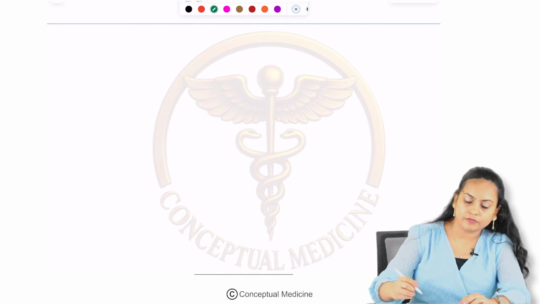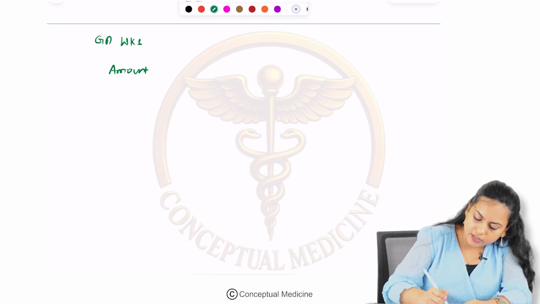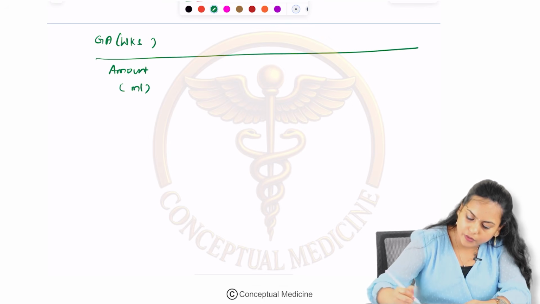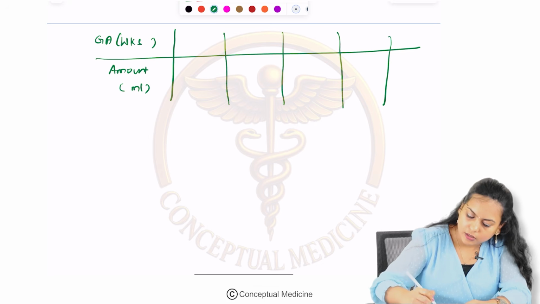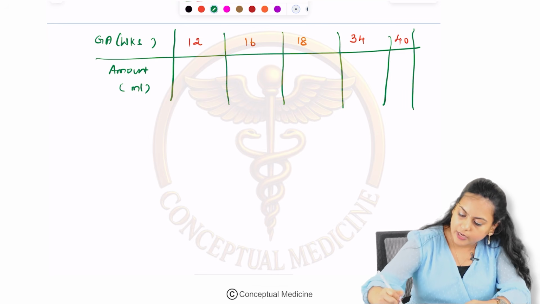Now, if we see the amount of fluid in various gestational weeks, this is gestational age in weeks, and this is the amount of amniotic fluid in ml. Let's take 12 weeks, 16 weeks, 18 weeks, 34 weeks, 40 weeks, and even 42 weeks, that is post-term.